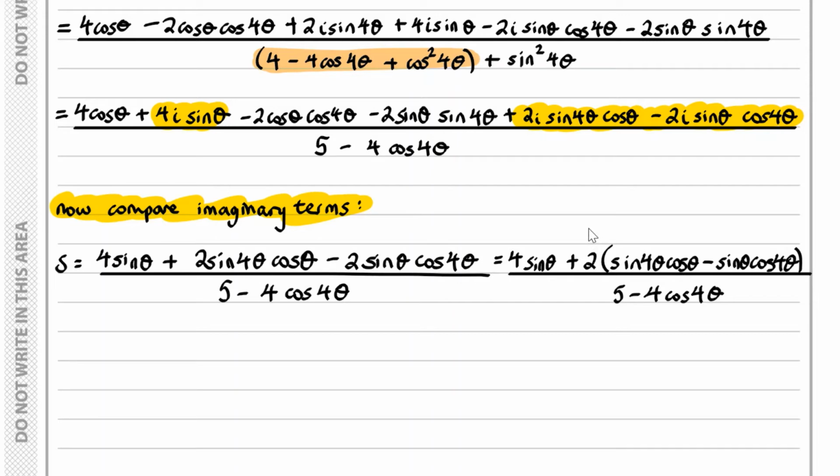So we have s, which is equal to 4 sine theta plus 2 lots of sine of 4 theta minus theta. Okay, so that's using the known identity. And then we divide by 5 minus 4 cos 4 theta. So essentially this bit is exactly the same as this bit.